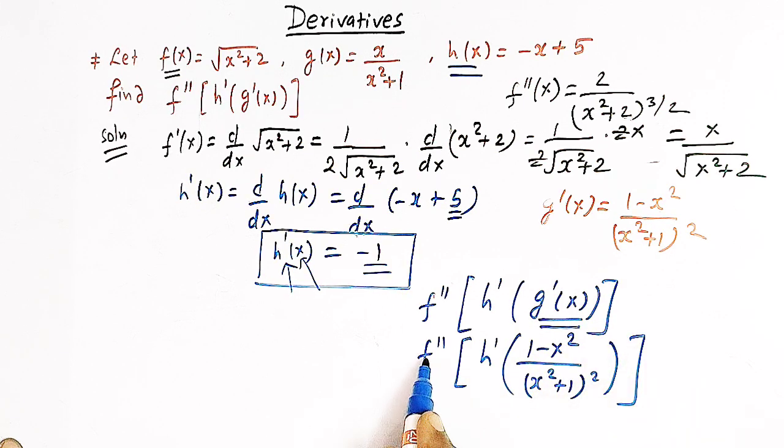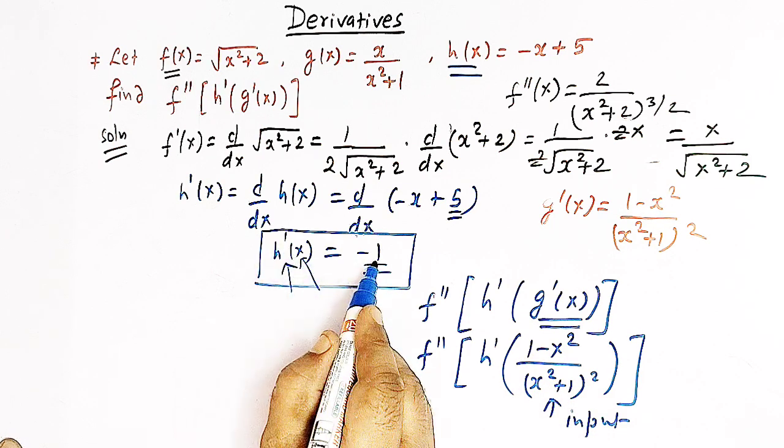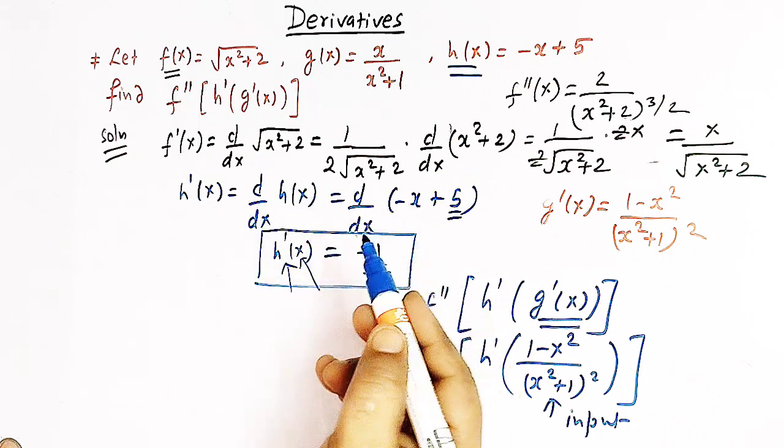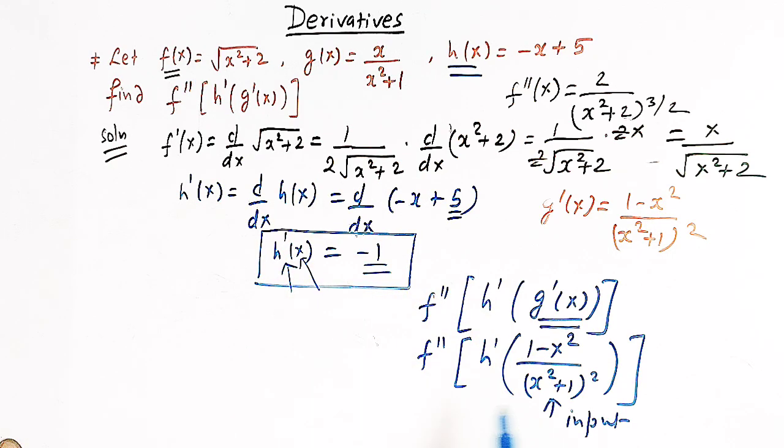And now here we have h prime of this function. So here our input is now 1 minus x square over x square plus 1 whole square, right? So h prime of x is equal to minus 1. So whatever be the value of x in the given domain, h prime of x is always going to be minus 1.